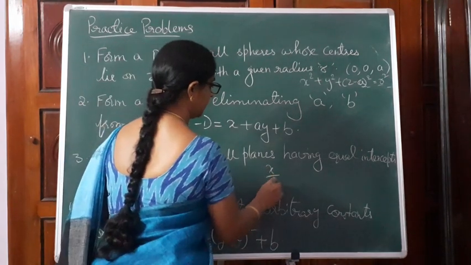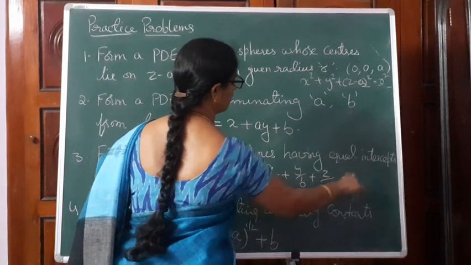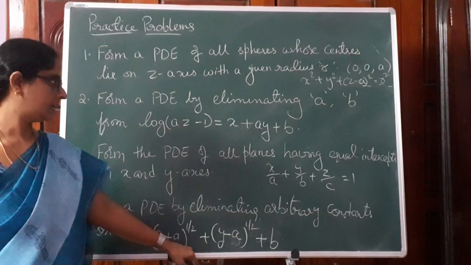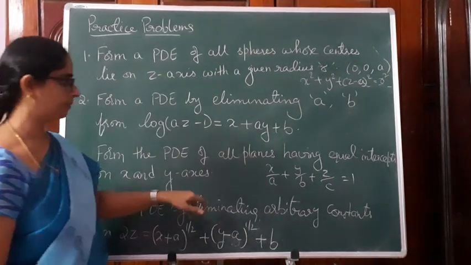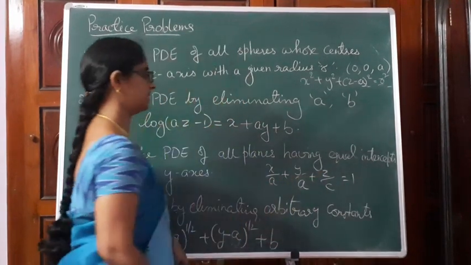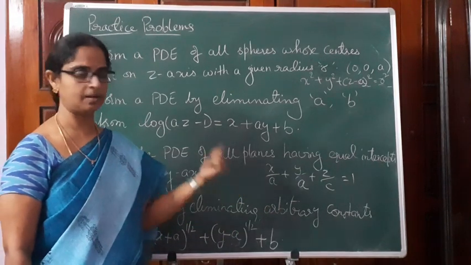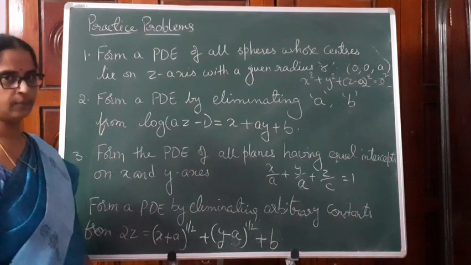It is x by a plus y by b plus z by c is equals to 1, with x-intercept a, y-intercept b and z-intercept c. But here we are given that x-intercept and y-intercept are same. That is x by a plus y by a plus z by c is equals to 1. That means a and c are two arbitrary constants. So eliminate a and c and form a partial differential equation.